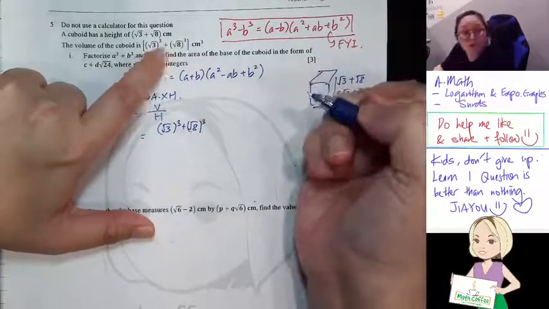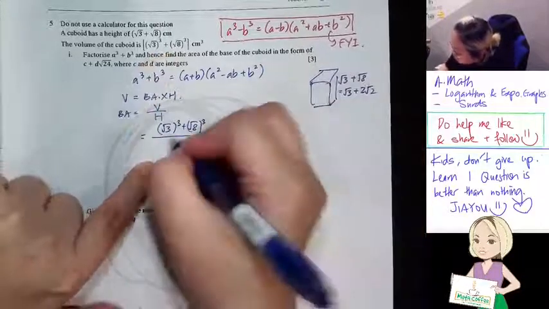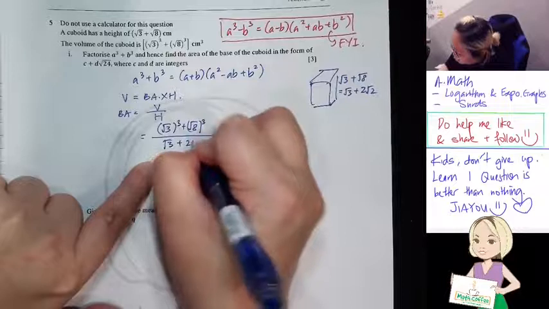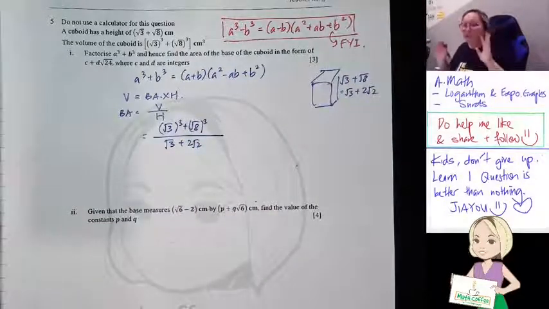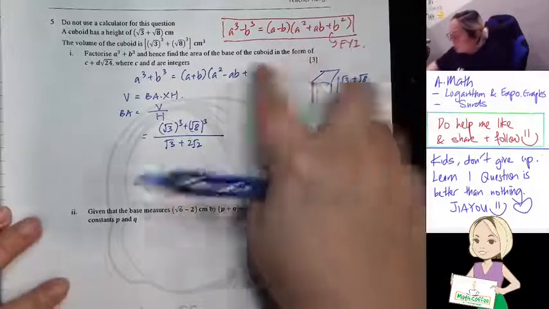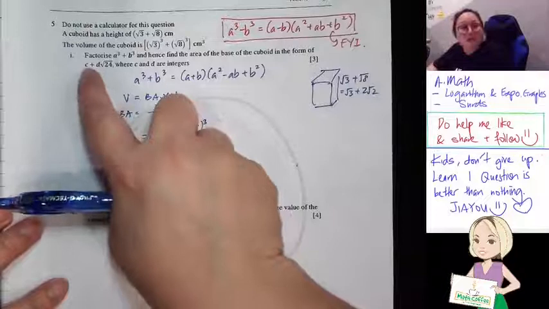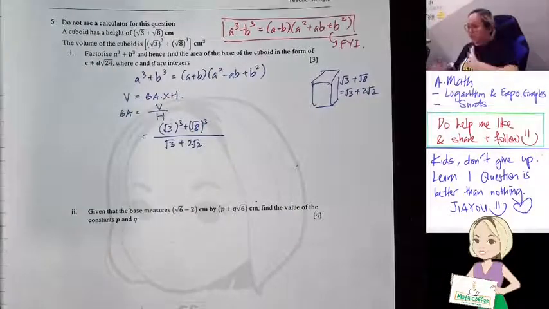This is the volume that is given. Divide by the height, which is square root 3 plus 2 square root 2. Technically speaking, this is already my base area. But again, because they want you to put it in the form of C plus D square root 24, we need to massage it.